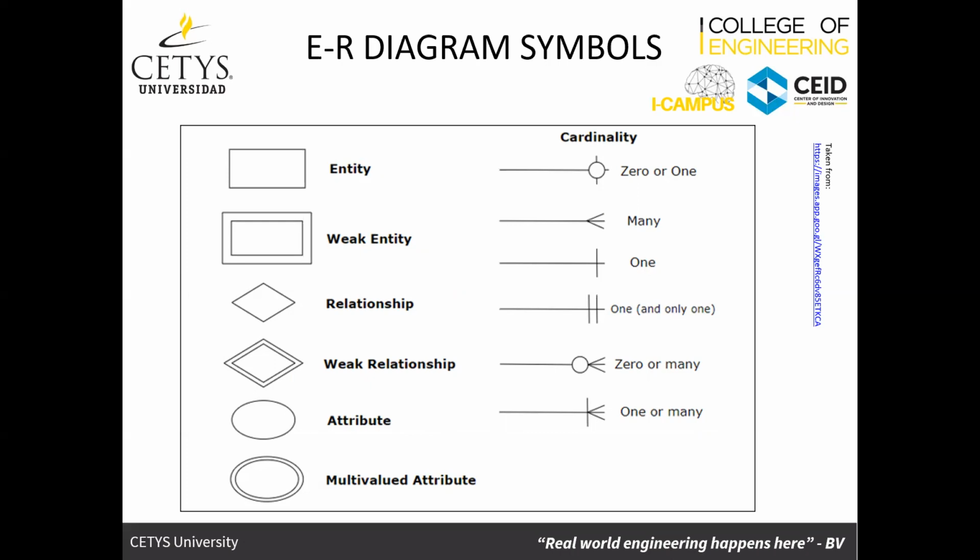If it's got this sort of arrow, it means many. If it's got one line, 1. If it's got 2 lines, it's being a little bit more specific and saying that's 1 and only 1. Okay. Well, why is it 1 and only 1? For example, I could have 0 dependents, right?